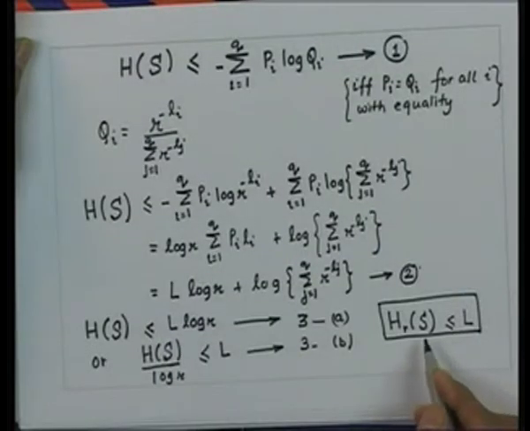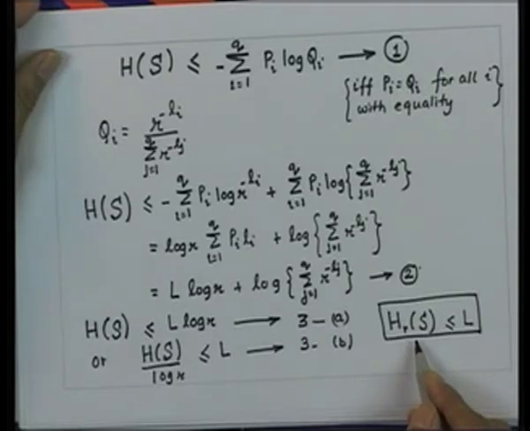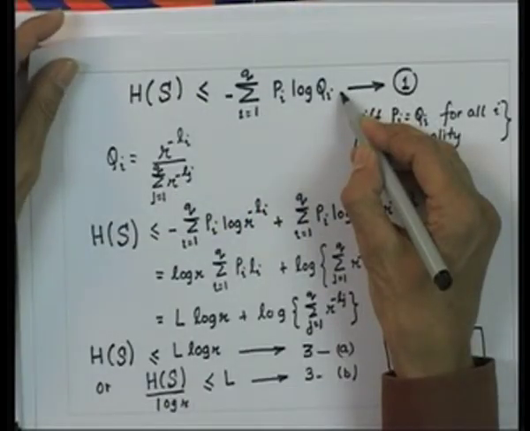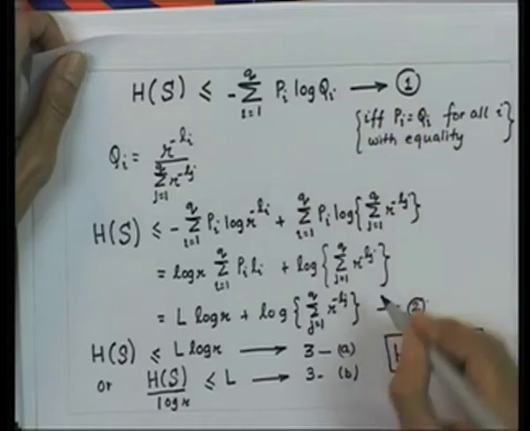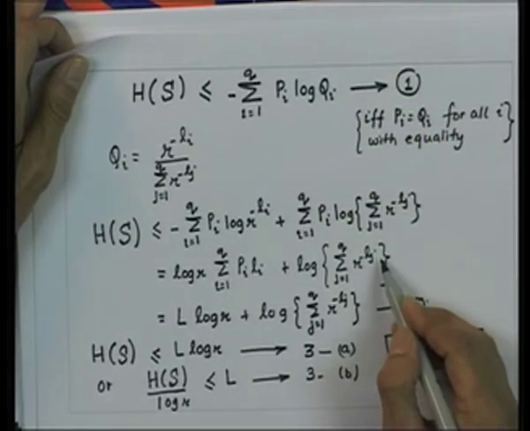So, let us carefully examine the conditions for equality in this expression which we have derived. Now, the inequality was introduced at 2 points. First, at this point, that is equation number 1, and the other was at this point.